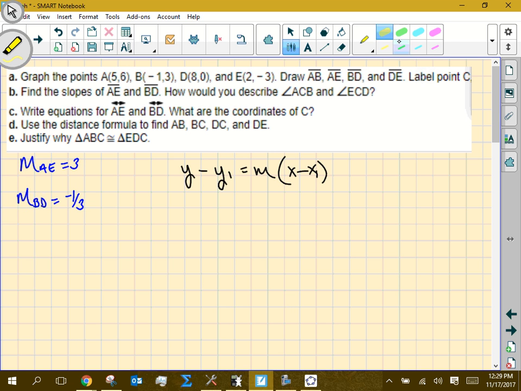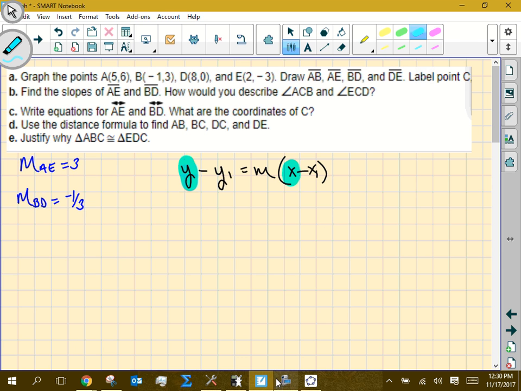What I need you to understand, because this is an issue that people have all the time, is that y and x are static. They don't change. You don't insert other values for them. But the y1 and the x1 can be anything that comes off of the line that you're trying to find the equation for.